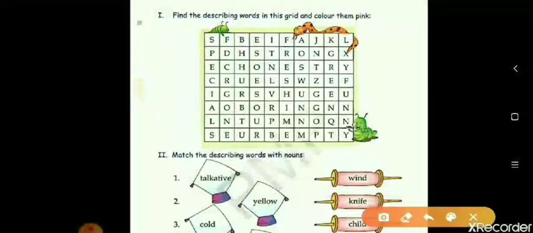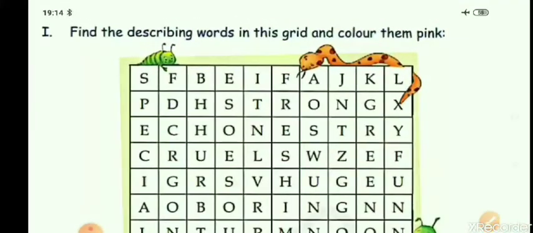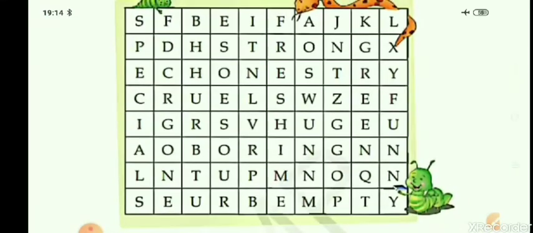First one, let's zoom it. What you have to do here is find the describing words in this grid and color them pink.